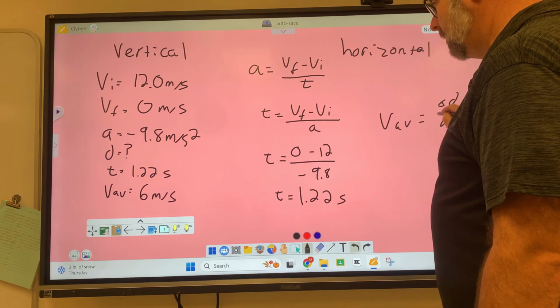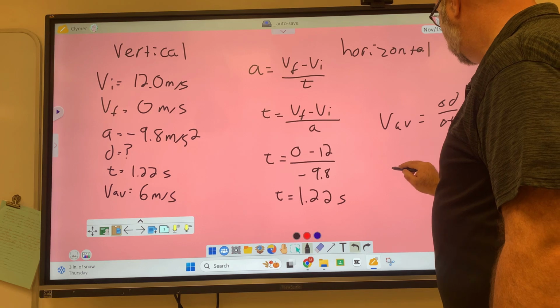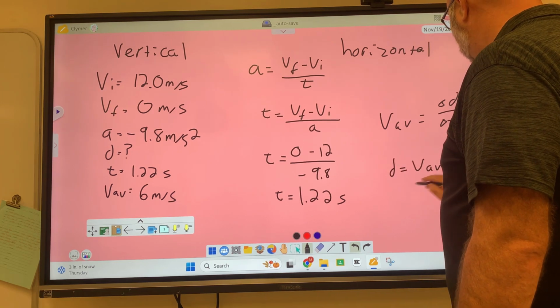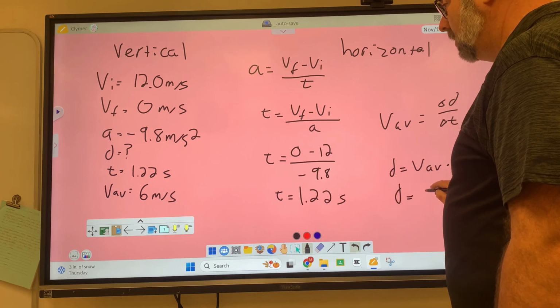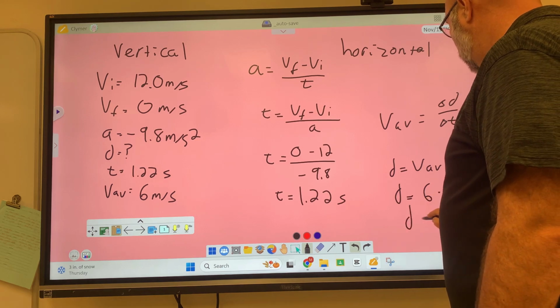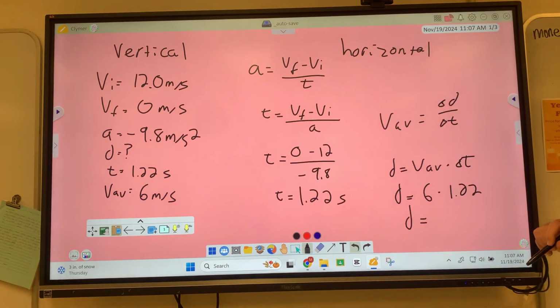Solve this for distance. Distance equals VAV times delta T, which is 6 times 1.22. What do we get here? 7.32.